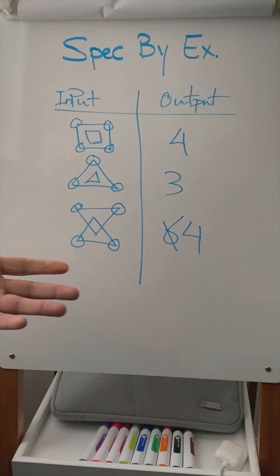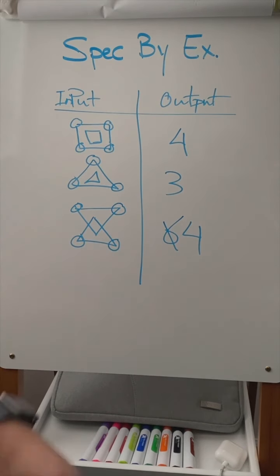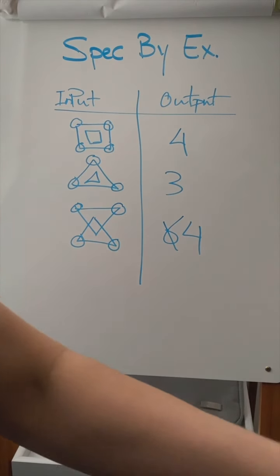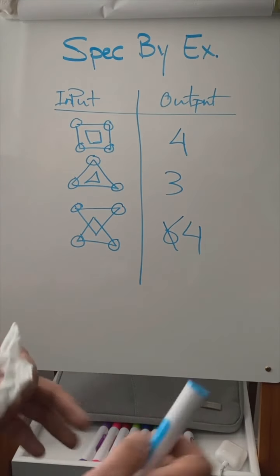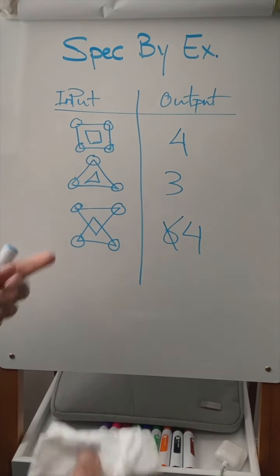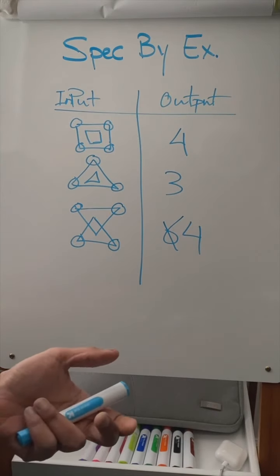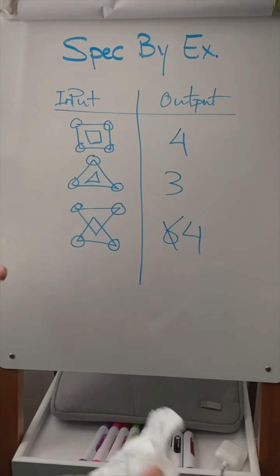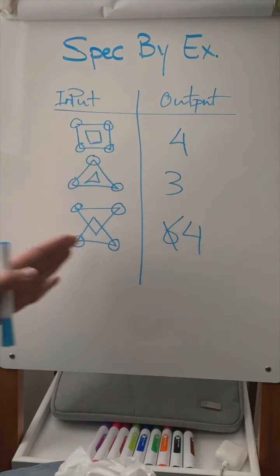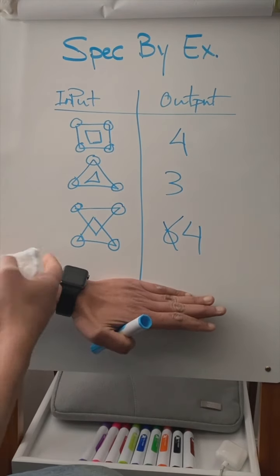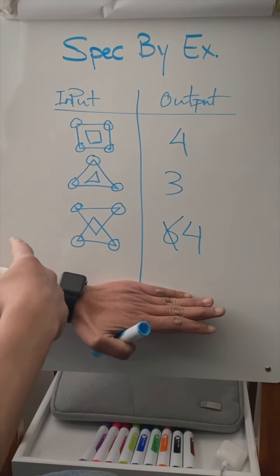This is an example to explain how you use examples to reach a common understanding of a rule that sounds kind of hard to write in English or describe. But up to this point, we understand we're counting the external points.